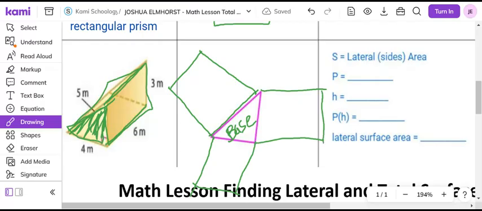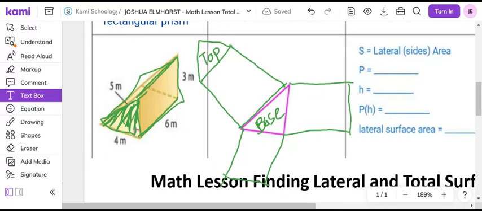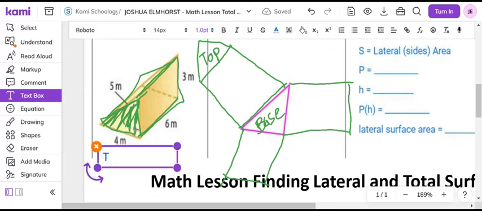And then we still need the other congruent opposite base, and we can call that the top. And then we can label our three-dimensional shape. We're going to label it by using the base shape name. And what is the base shape? And adjective is triangular prism.